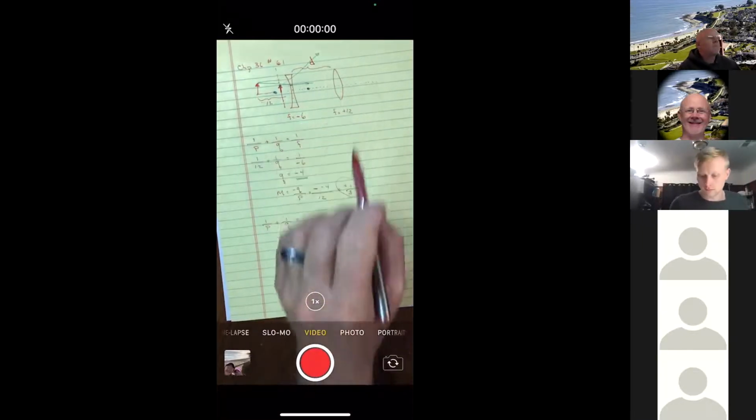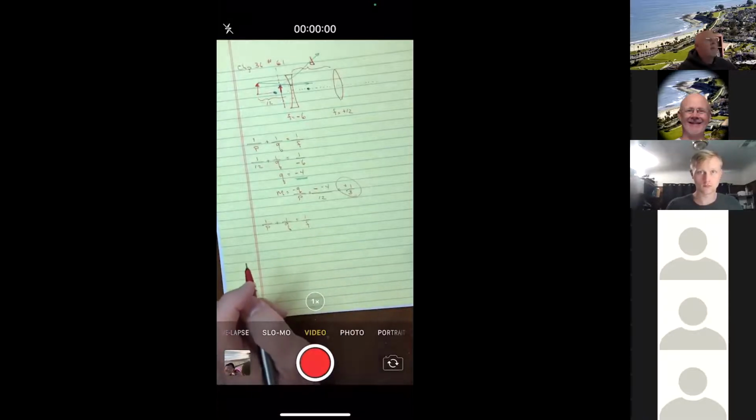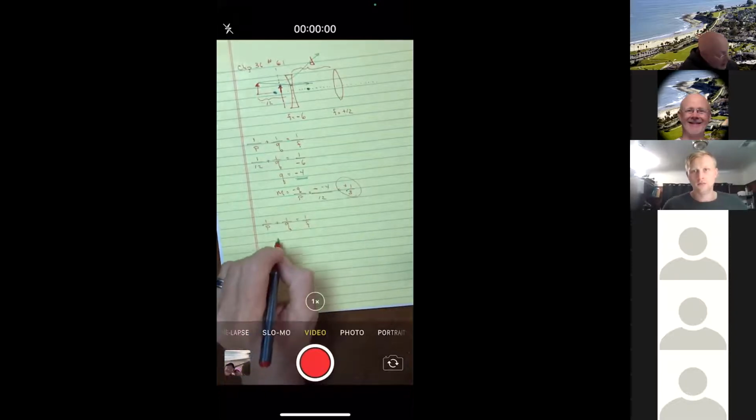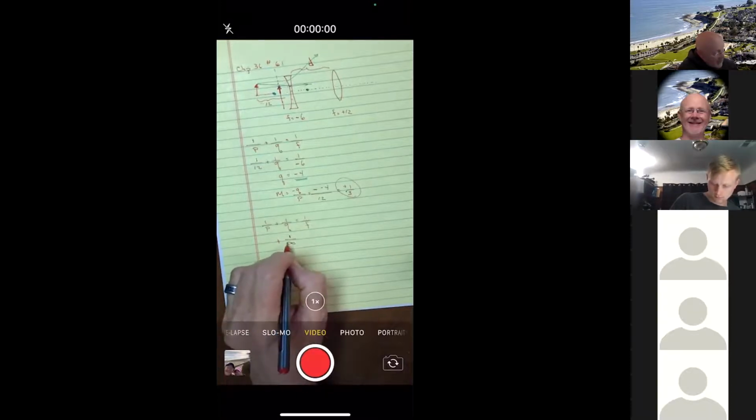Find the distance D to the right of the diverging lens so that the final image is at infinity. All right. So at infinity would mean 1 over infinity.